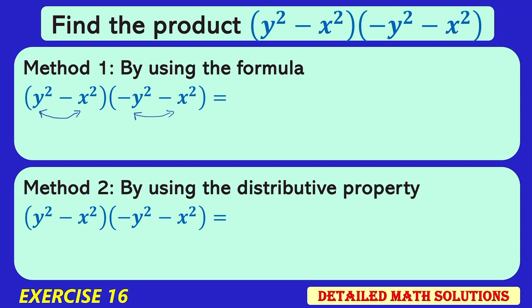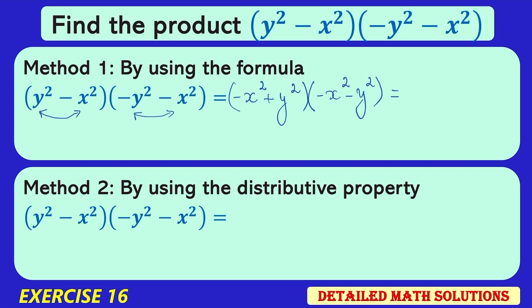When I do that, this equals x squared plus y squared in parentheses. And the next factor is minus x squared minus y squared.